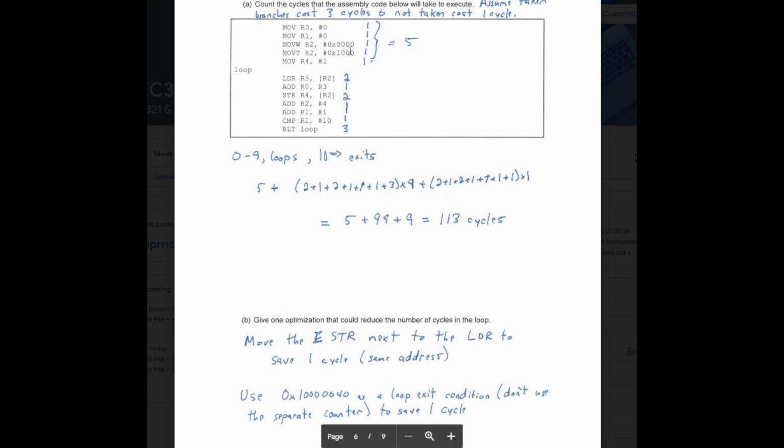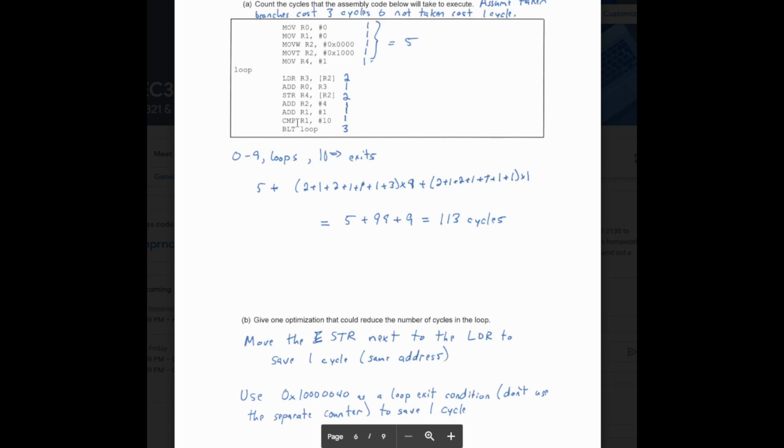So we already have this memory address 10000000. We add 4 to it each time, and then we add 1 to R1. Well, we're doing these 2 adds both times. We could instead put into R1 0x100040, and we could basically just use that value in R2 as our loop exit condition anyways.